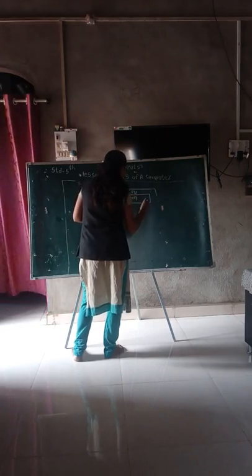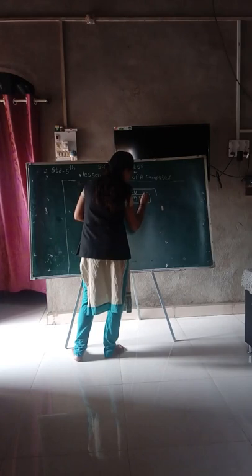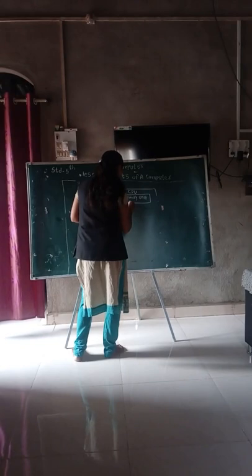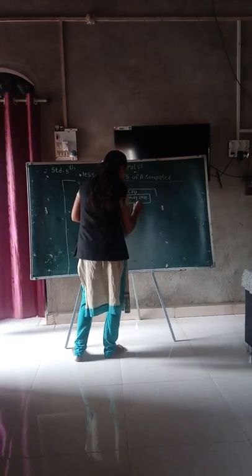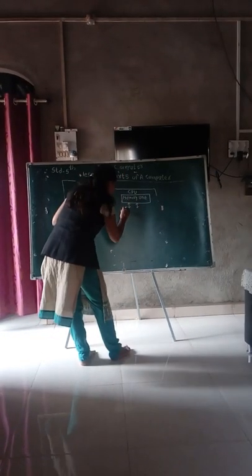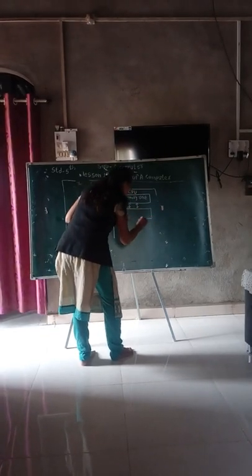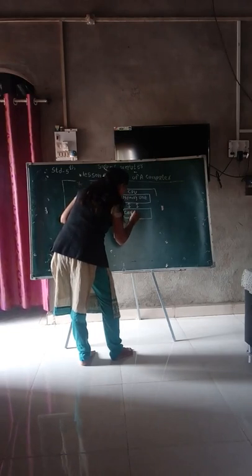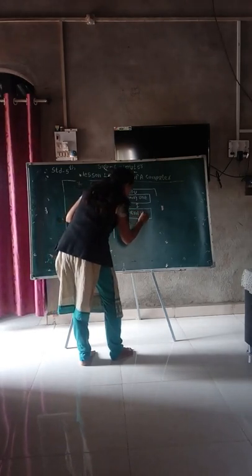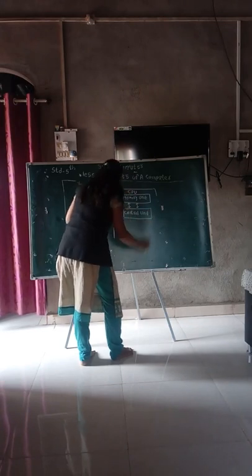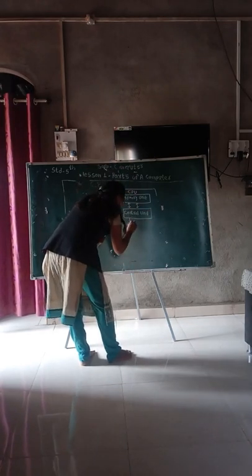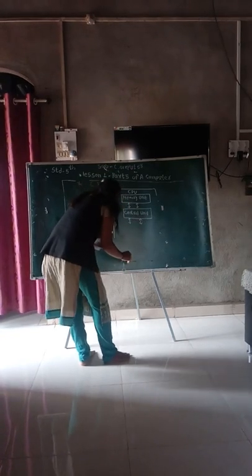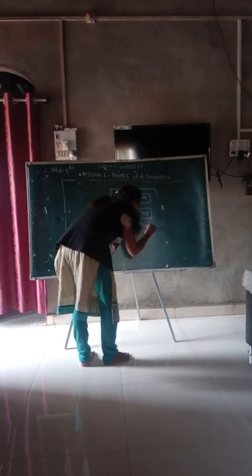Then the next one is the control unit. And the next one is the arithmetic and logic unit.